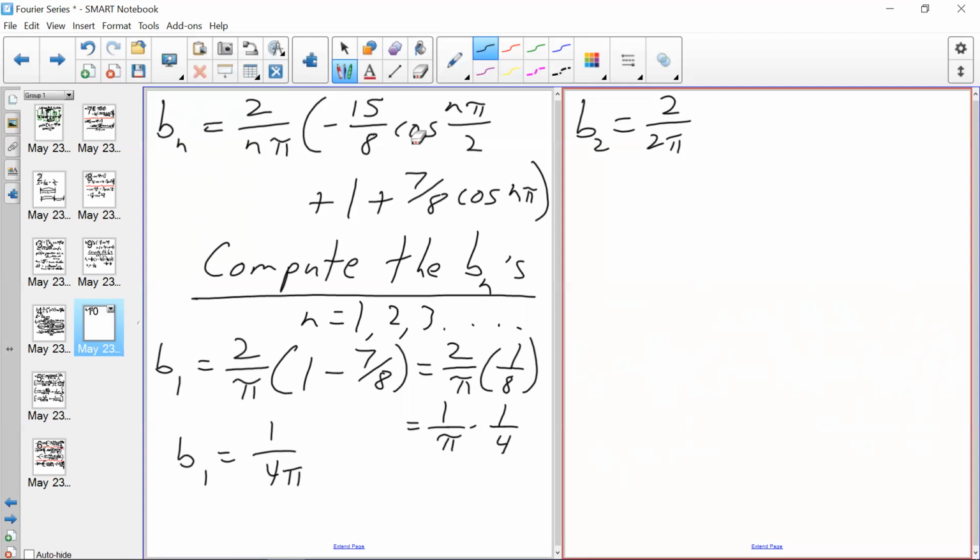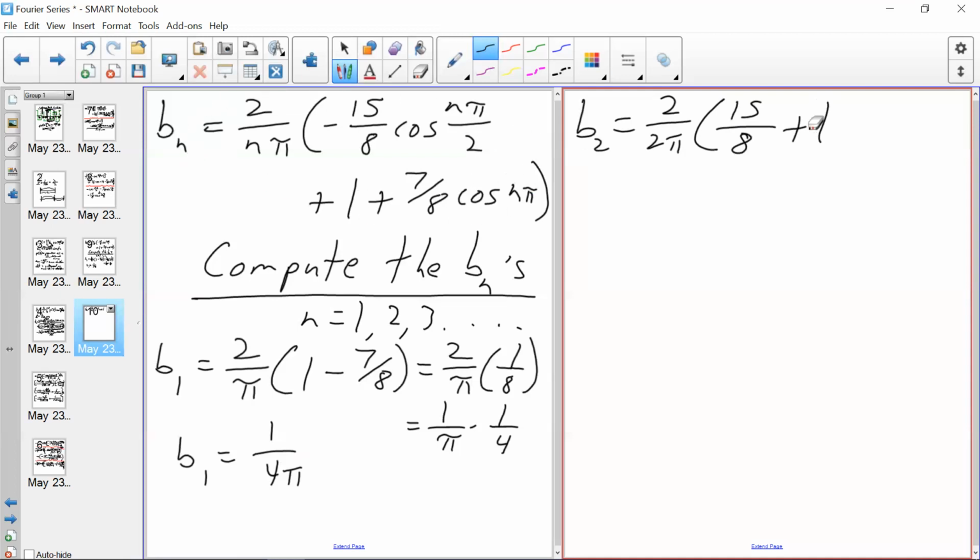So depending on the integer here, this 15 over 8 term either stays or goes. So 2 over 2 pi. So this is going to be -15/8 cosine of 2 pi over 2, or just cosine of pi, and that just becomes cosine of pi is -1 with the minus sign here, so it's just 15 over 8, and then this is going to be +1, because we're doing everything with respect to this term.